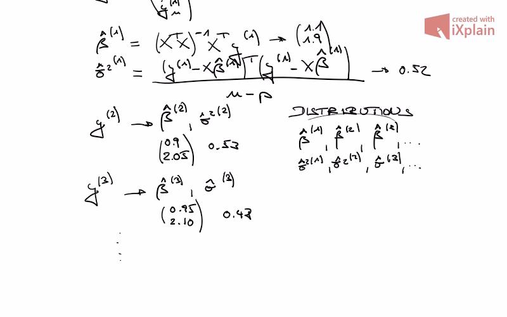These are the distributions of these virtual realizations of the estimates beta and sigma square. Now, how does this relate to actual data analysis?